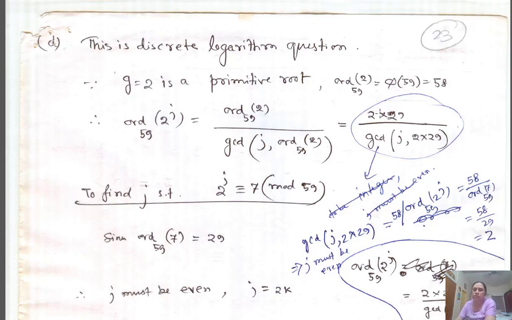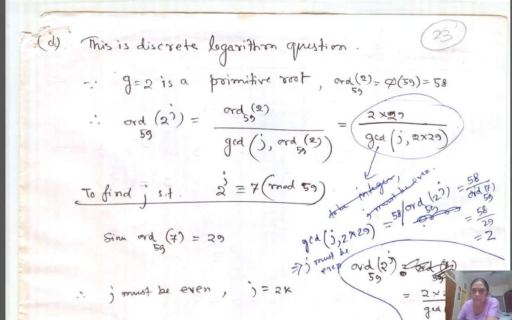So this is 58 divided by the GCD. From here I can write GCD of this equal to the order of 2 modulo 59 divided by the order of 2 to the power j modulo 59.